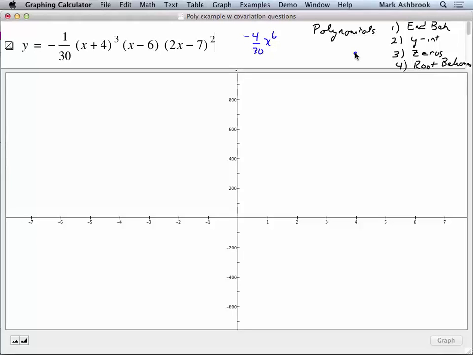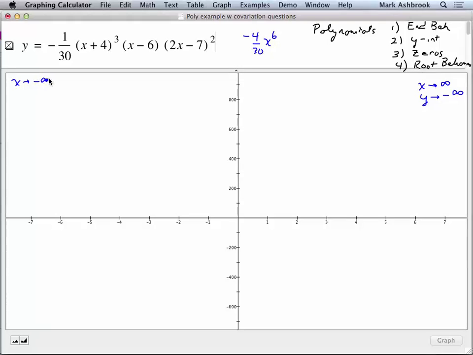All right, so as x goes over here? He says decreasing on both sides. Yeah.